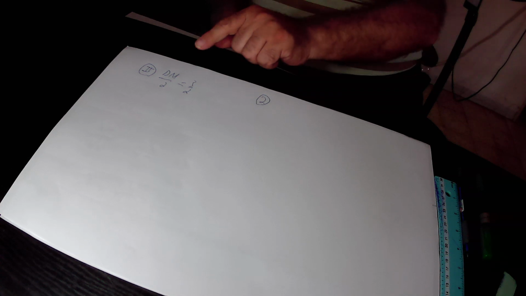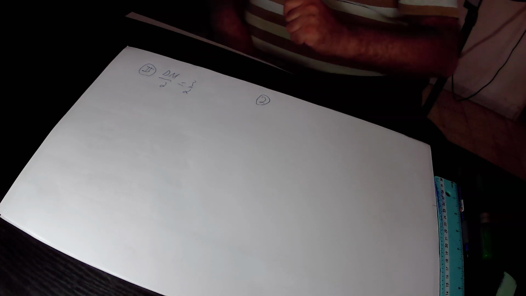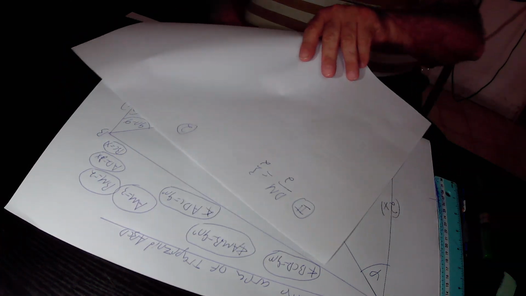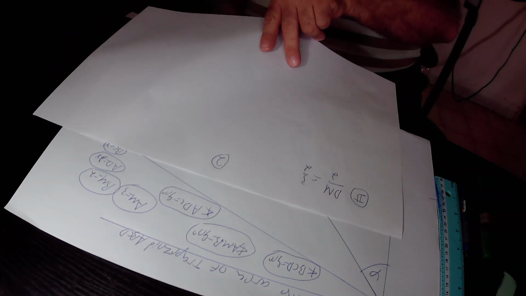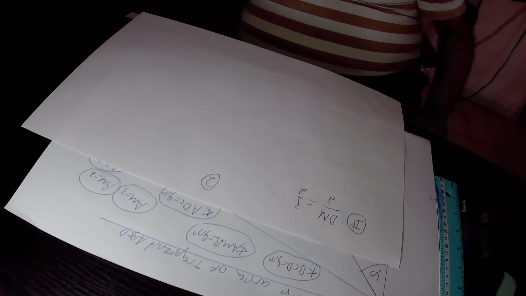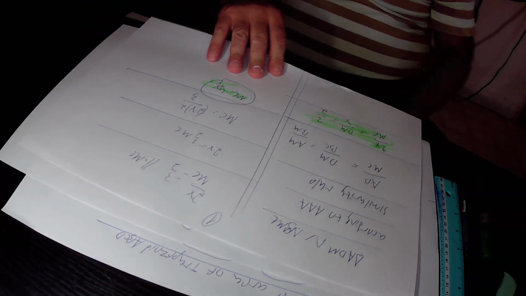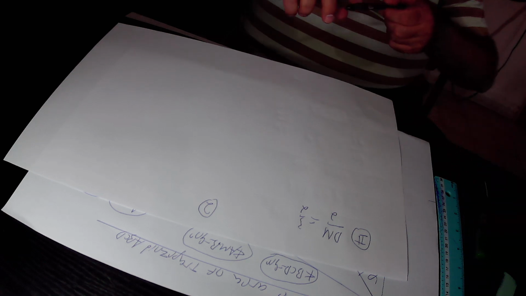Repeat again: according to equation 2, actually it is DM over x. Here we have DM over x equals 3 halves. It is not 2 but x.